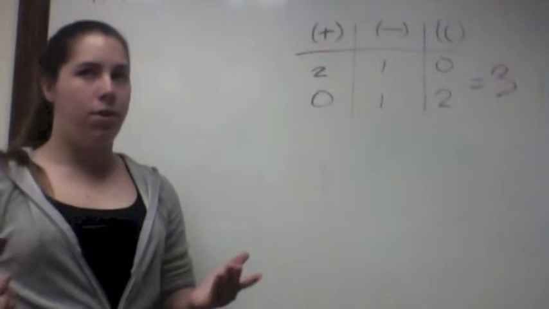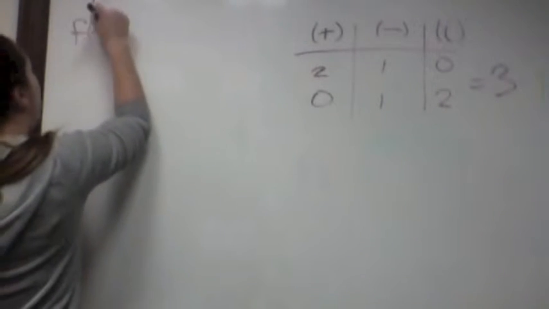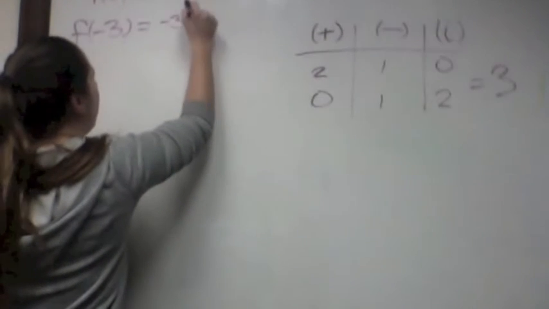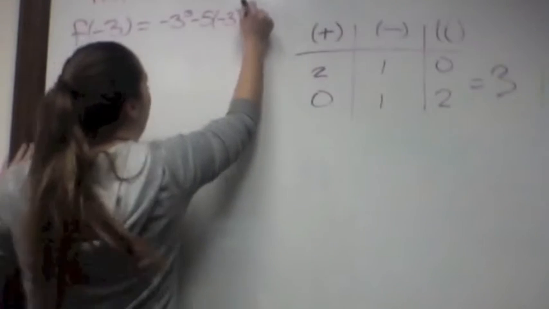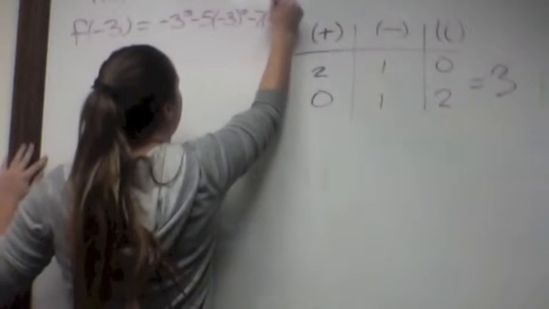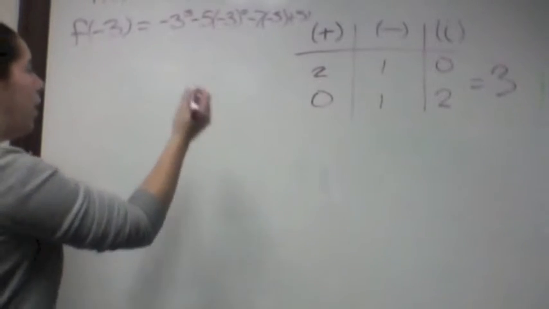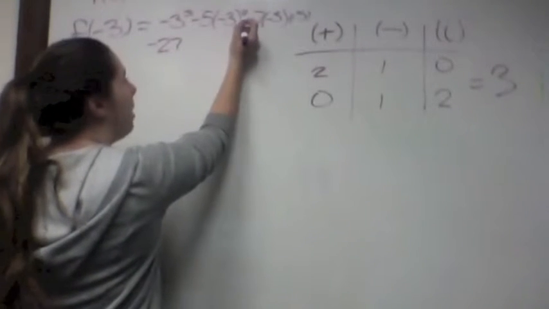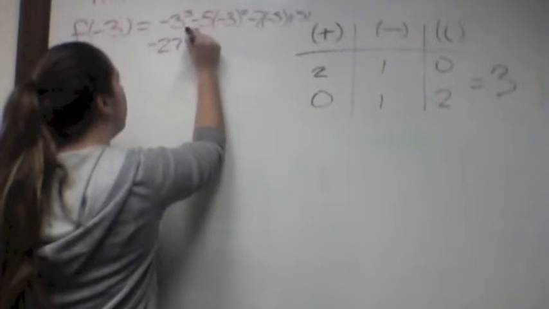Now, since negative 2 doesn't work, we're going to try negative 3. So f of negative 3 equals negative 3 to the third minus 5 times negative 3 squared minus 7 times negative 3 plus 51. Negative 3 to the third is negative 27. Negative 3 times negative 3 is 9, and 9 times 5 is 45.